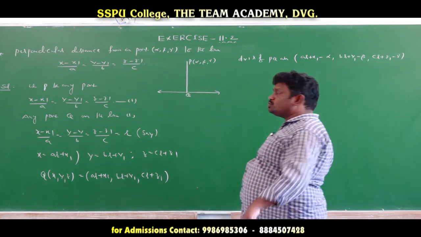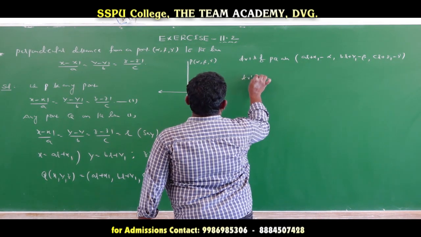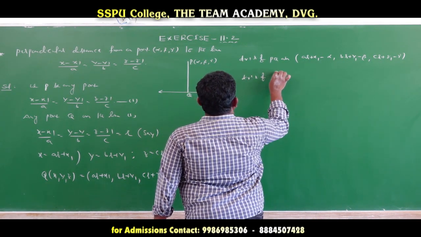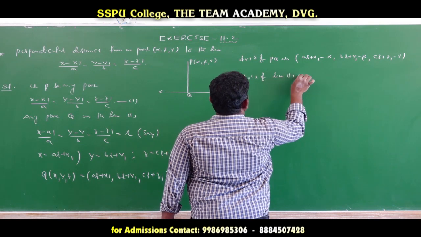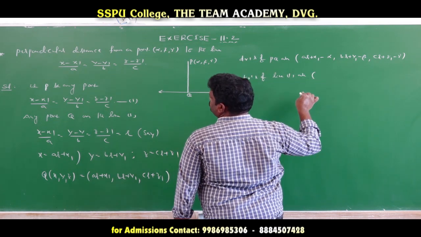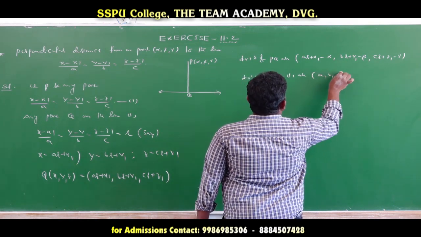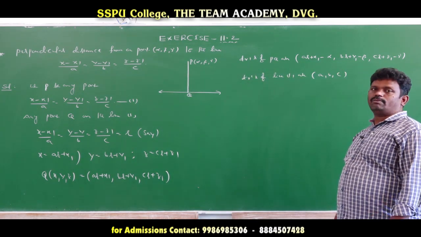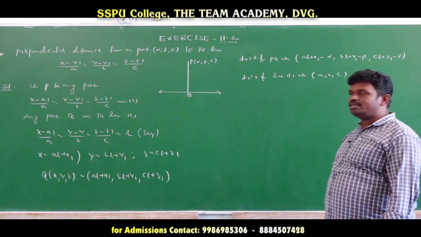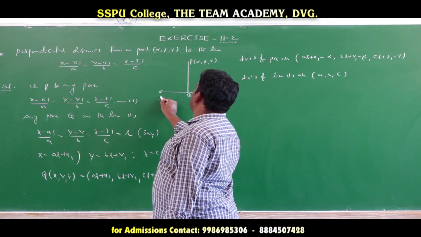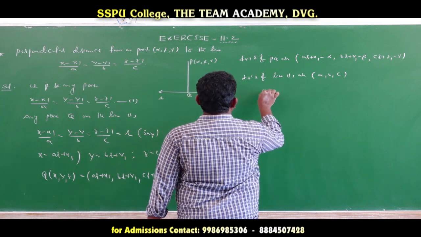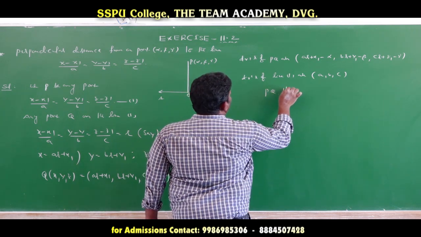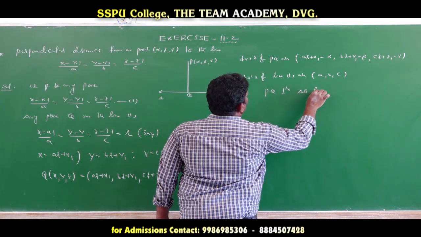The direction ratios of the given line are a, b, c. Now from this diagram, what are we observing? PQ is perpendicular to the given line. Suppose we call this line AB. So PQ is perpendicular to line AB.